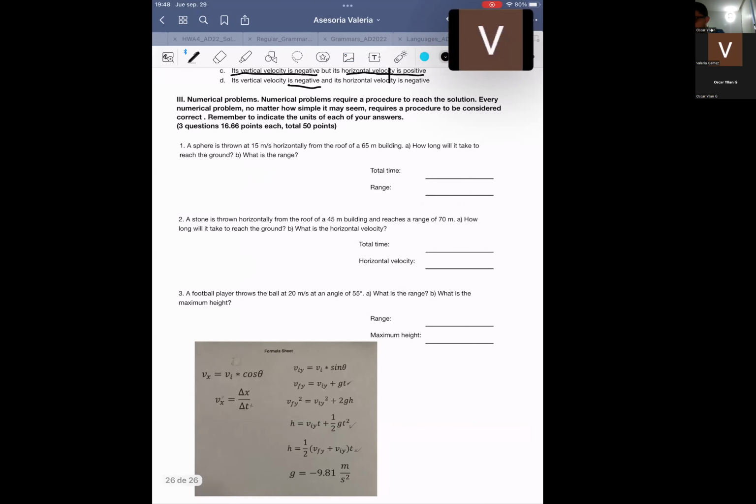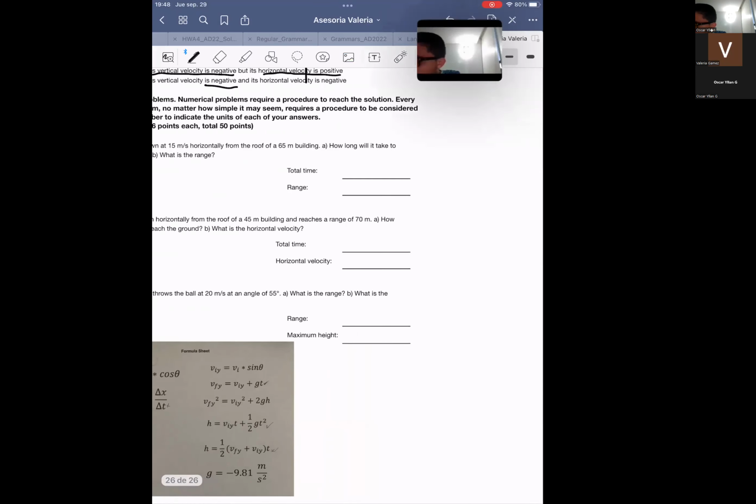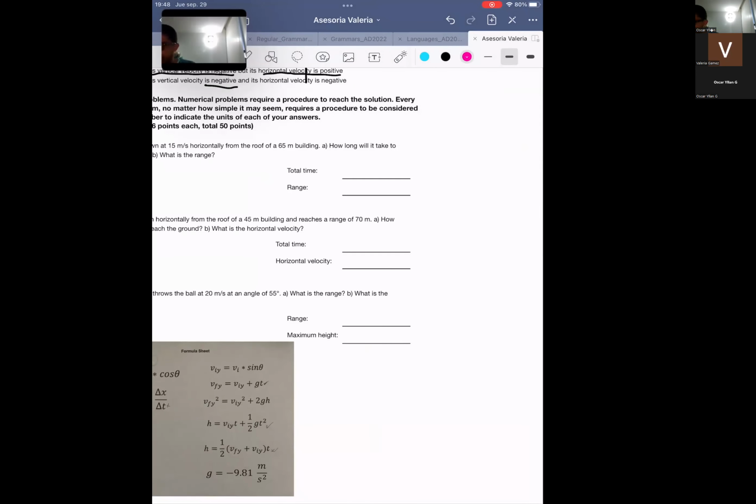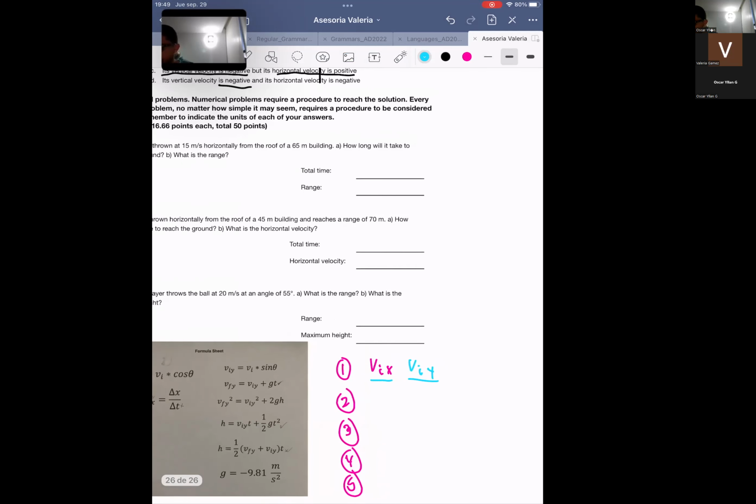First of all, let's see the problem. Like what I told your classmates, if I have to put steps for doing a problem of this type, something really useful is to always get Vix and Viy, the original velocities, the components of these ones.